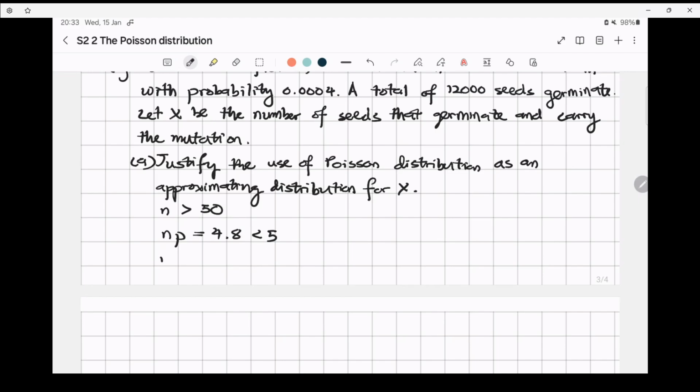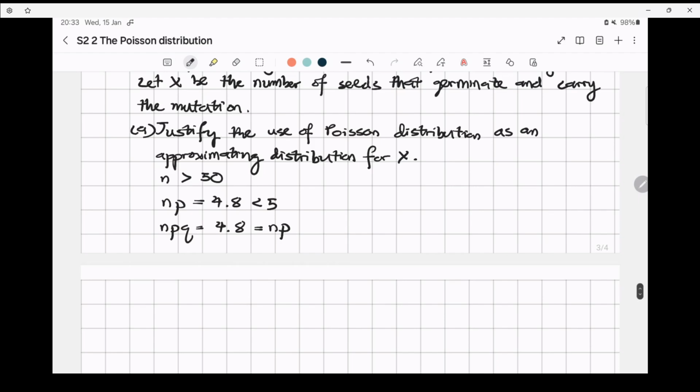So the third thing is to check npq. So you realize that this is also 4.8, approximately, sorry, not approximately, this is equal to n times p.